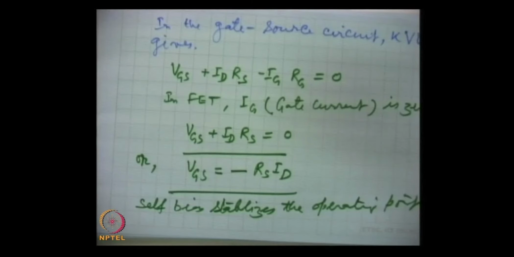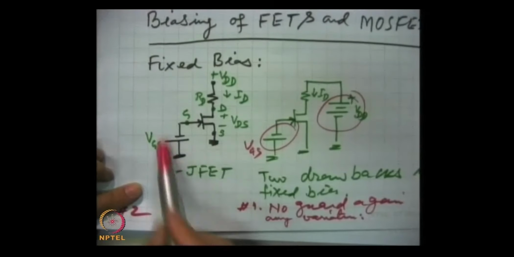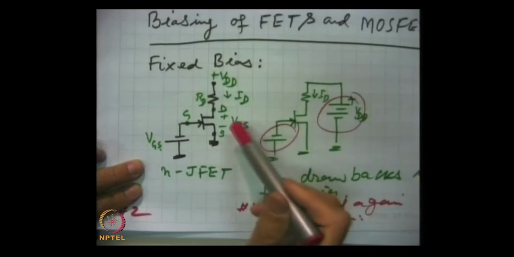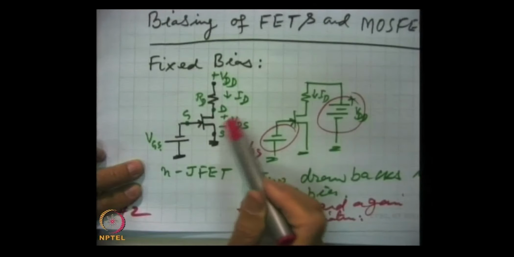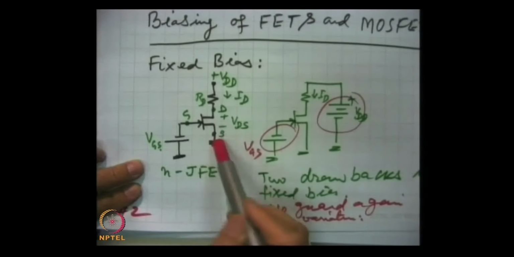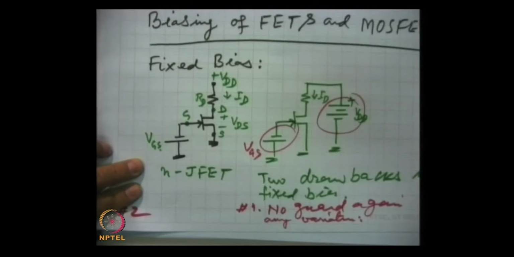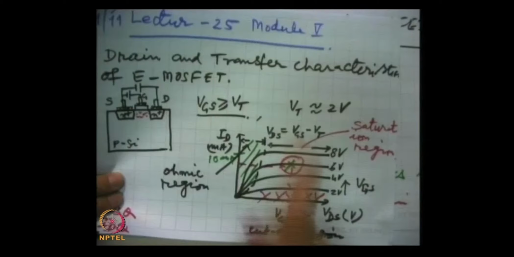MOSFETs are semiconductor devices, so normally the drain current will increase. If drain current increases, then in a fixed bias circuit like this, that will change this VDS, and the operating point will shift.